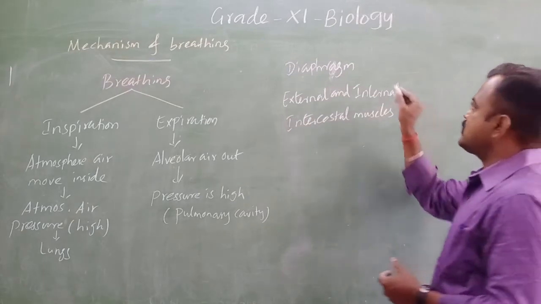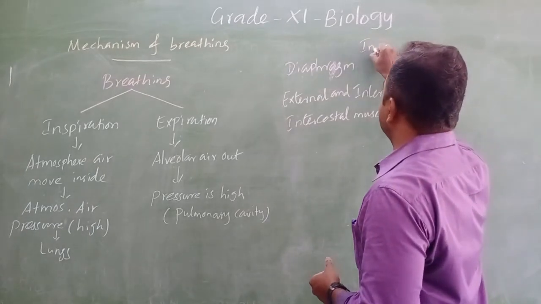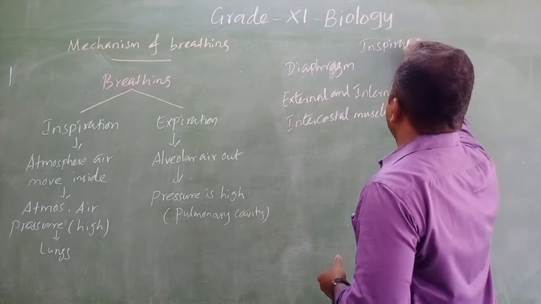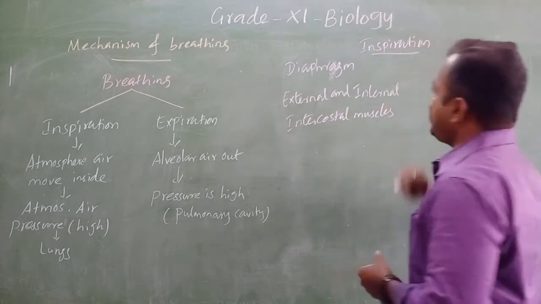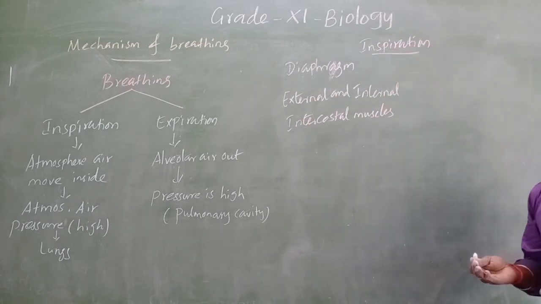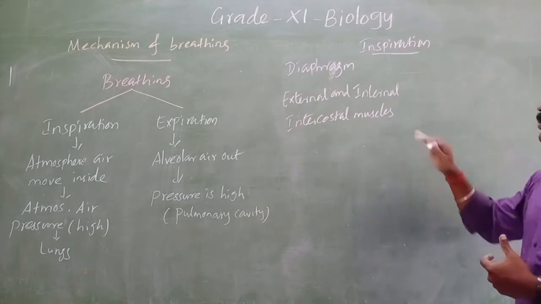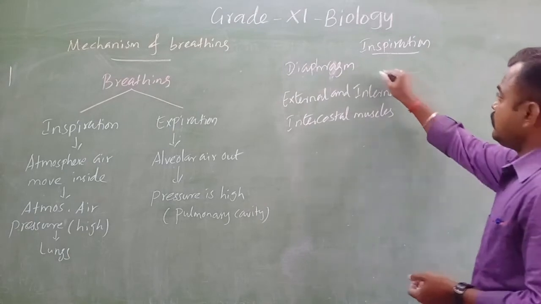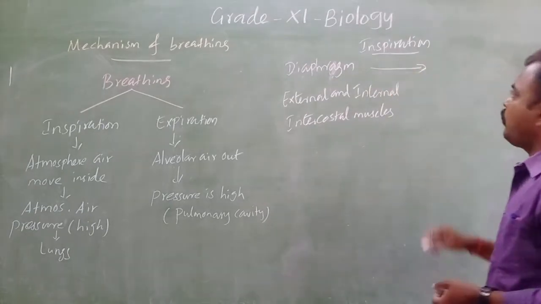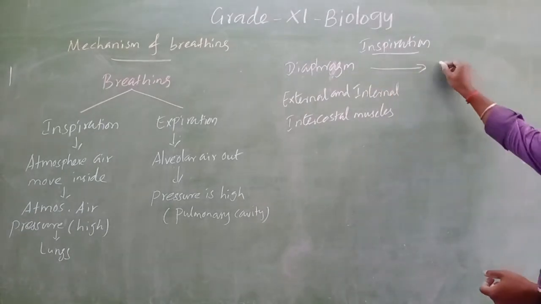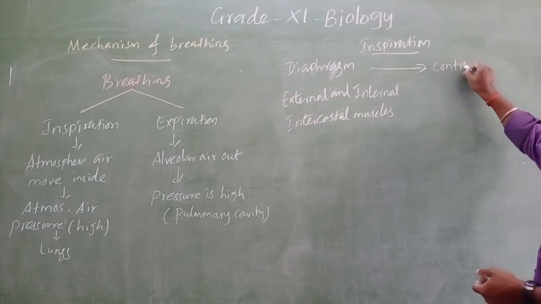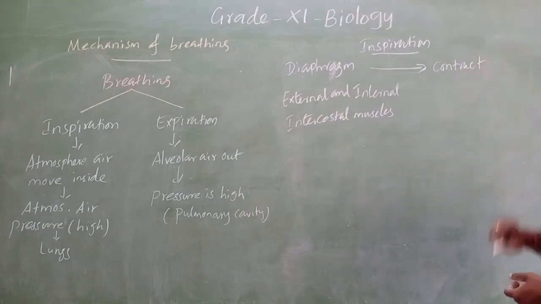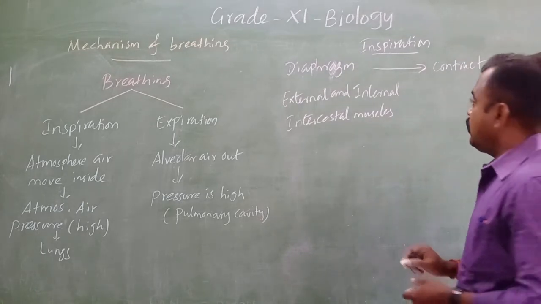So first we will see inspiration. In inspiration, how does the diaphragm move, how do the intercostal muscles move? The diaphragm, while inspiring, will contract. Actually, due to the contraction, inspiration happens. How?